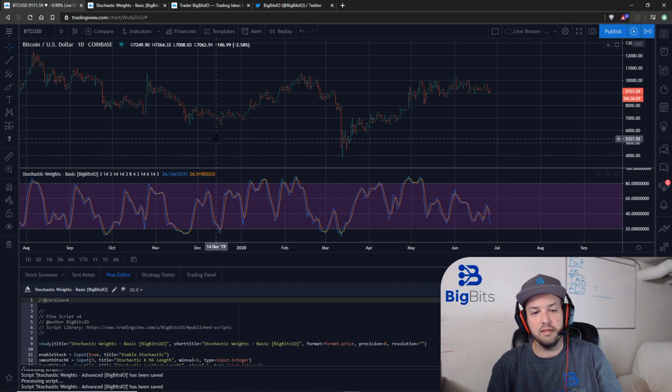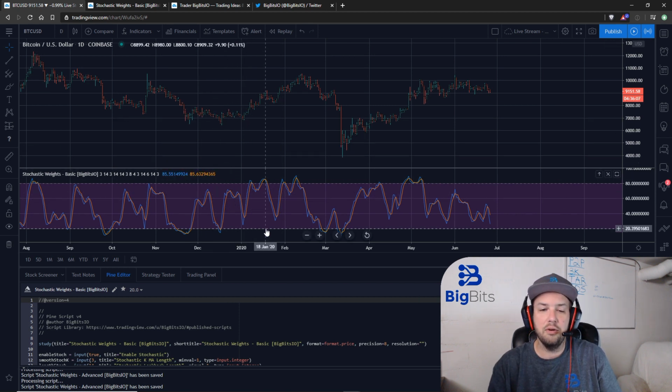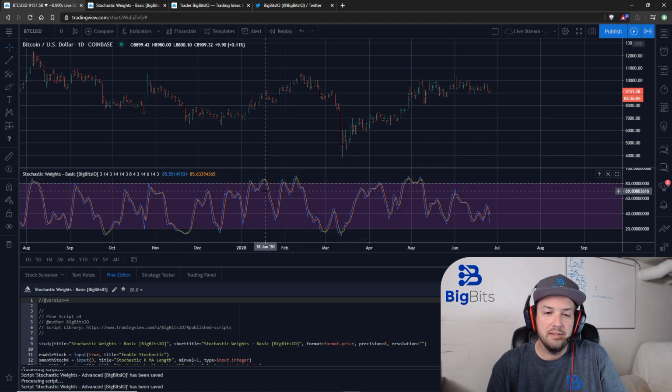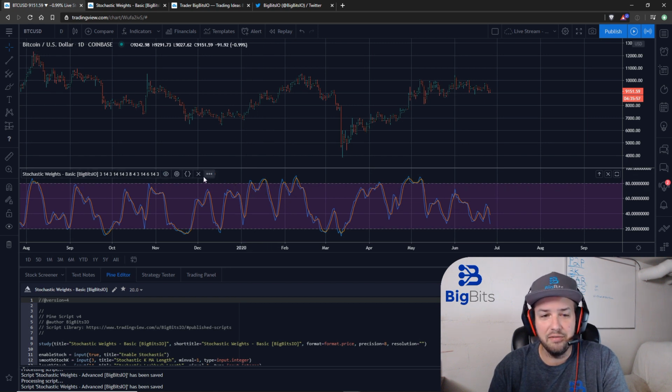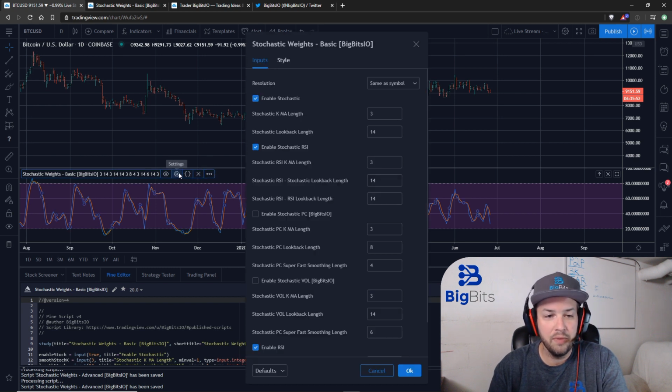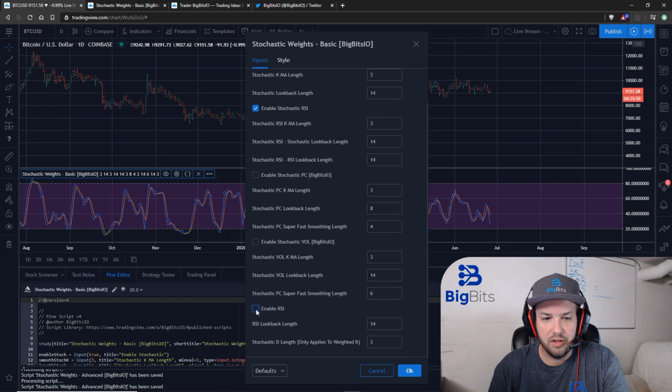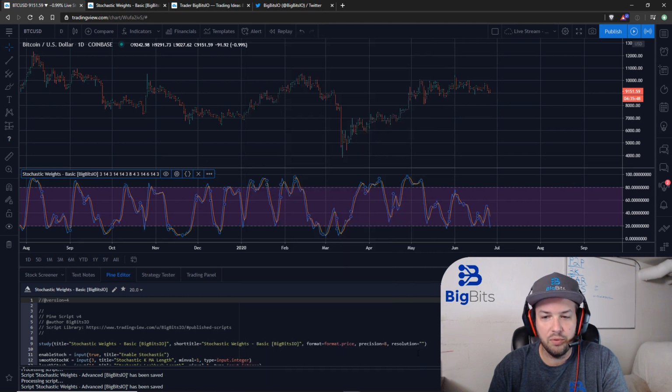So instead of having a stochastic and then a stochastic RSI below it, I think this is a little bit easier to look at than having to look at both of them and try and decide if both of them look good, as opposed to just combining them together to see if just the one indicator looks good because they're weighted together. Let's see, take off the RSI, and of course the values get really high.